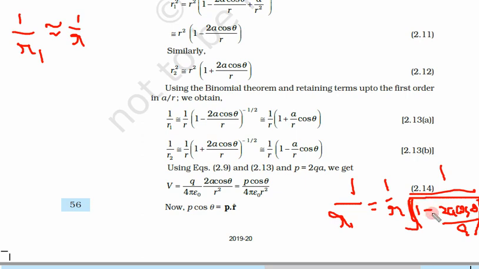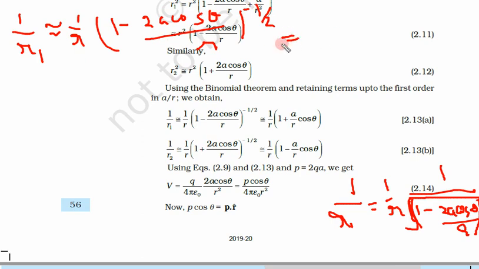Now this thing which was in the denominator means power minus half, so it goes up like this. So this is here 1 minus 2a cos theta upon r to the power minus half, and when we apply the binomial theorem, this half goes here.